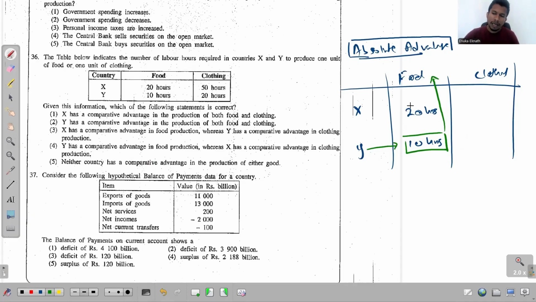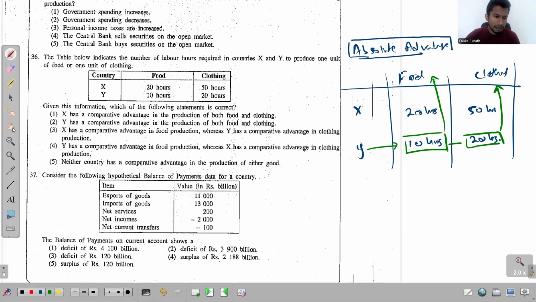All right, now let's try to recognize the country with the absolute advantage for producing clothing. So the country X uses 50 hours of labor to produce 1 unit of cloth. But again, the country Y uses only 20 hours of labor to produce that same unit of cloth, which means the country Y has both the absolute advantage in producing food and clothing, right? For both goods, the absolute advantage goes to country Y.